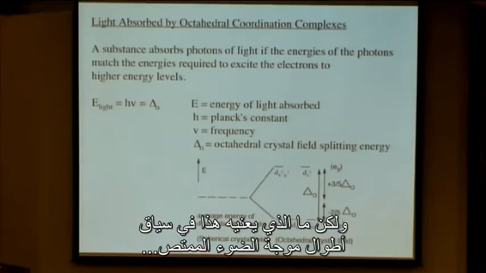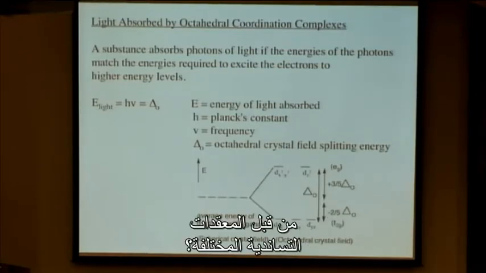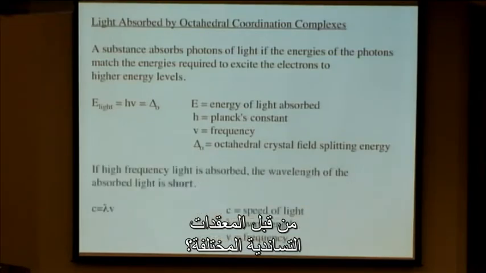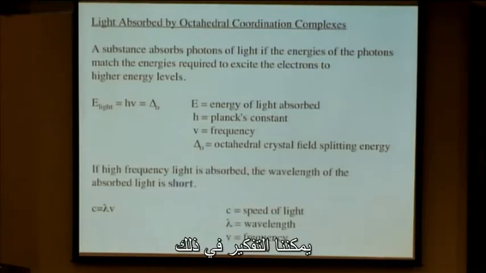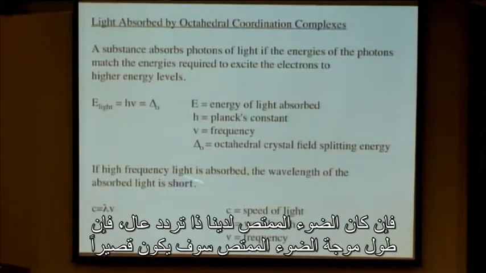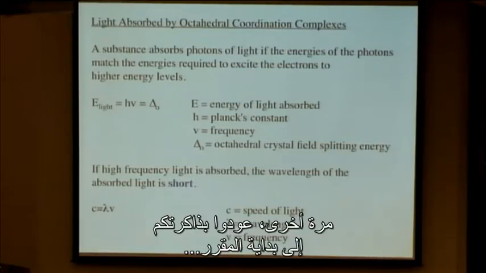Okay, so what does this mean in terms of the wavelengths of light absorbed by different coordination complexes? So we can think about that. If you have high frequency of light absorbed, the wavelength of the absorbed light is going to be short. And we know that relationship.